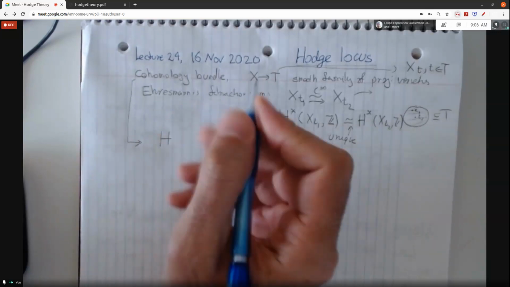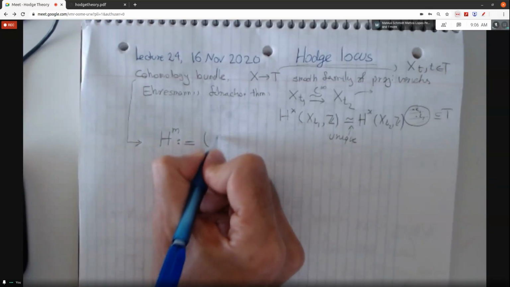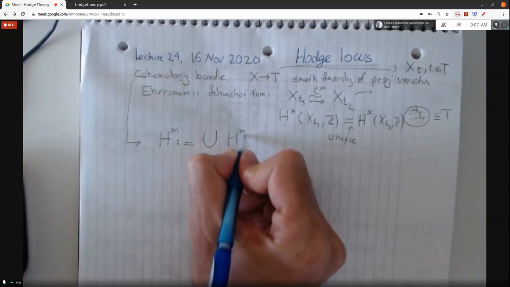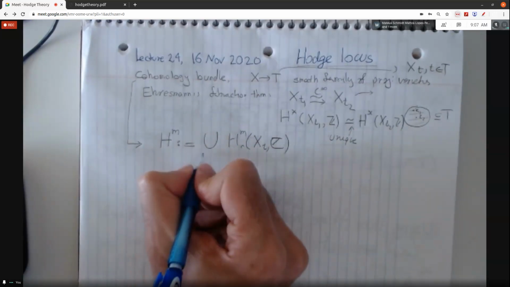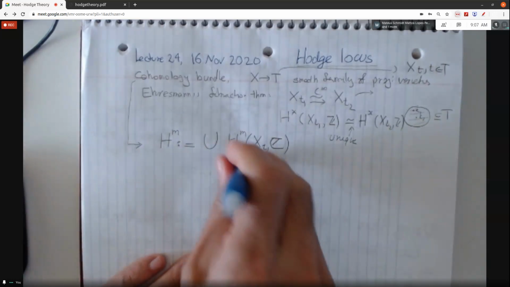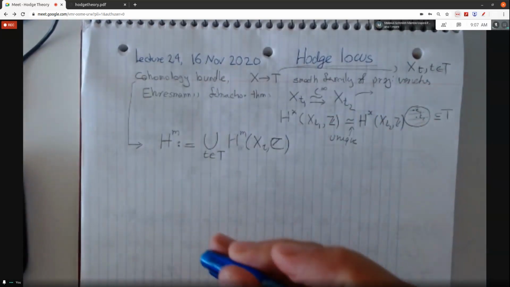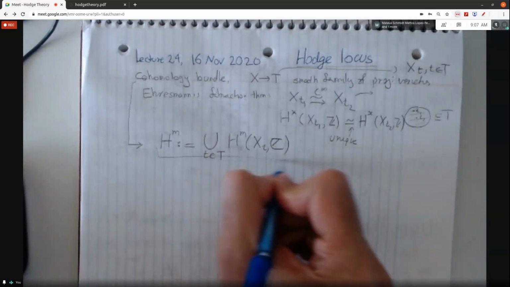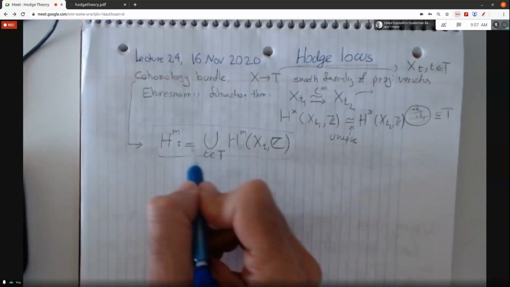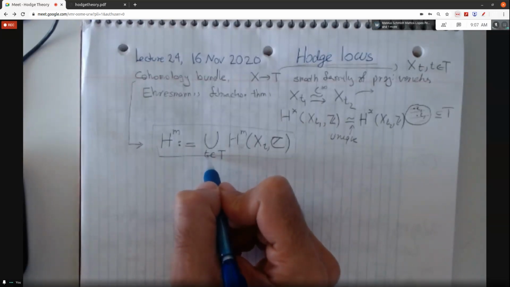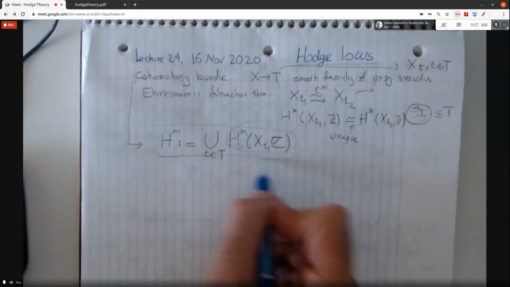So let's fix a dimension for the cohomology, say M: H^M(X_t, C), for t in T. The idea is that I want to show that this is a fiber bundle, and the reason it's a fiber bundle is that for any t I have all these vector spaces which are of the same dimension and so on.